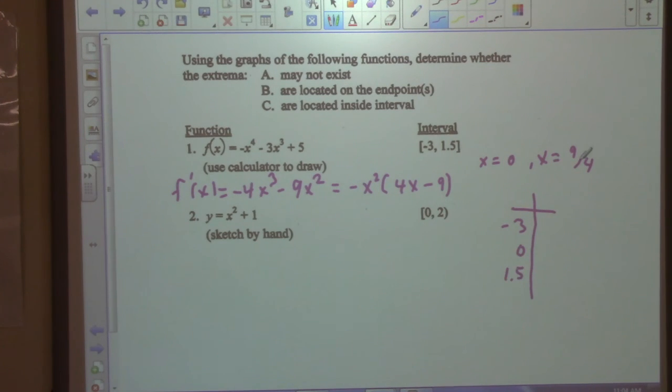What about this 9/4? What do we do with 9/4? Because that's another critical number. What do we do with it?